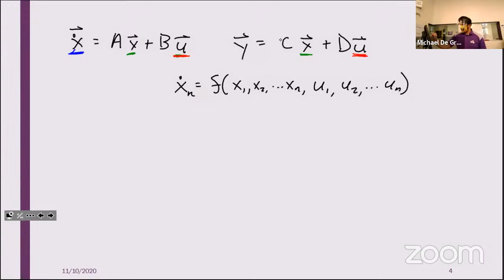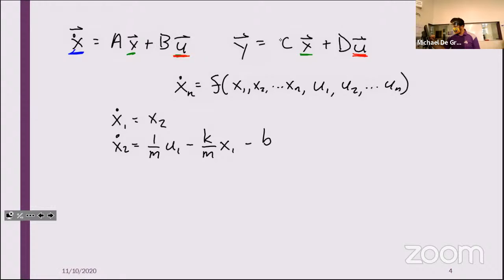And typically, what we'll see is we'll get something like x dot 1 is equal to x2, and then x dot 2 is equal to 1 over m u1 minus k over m x1 minus b over m x2.